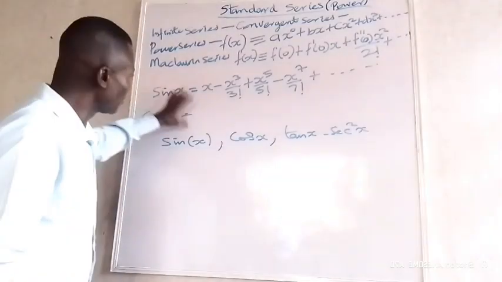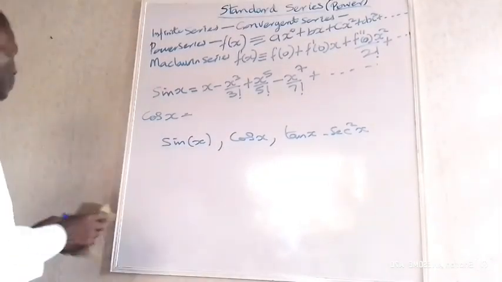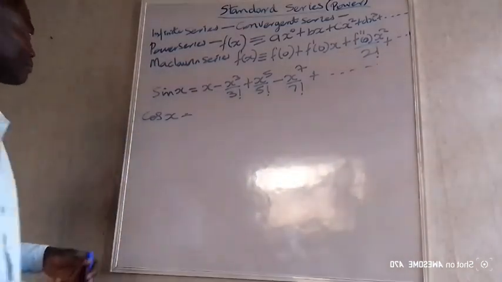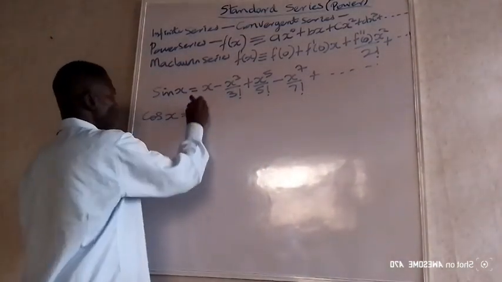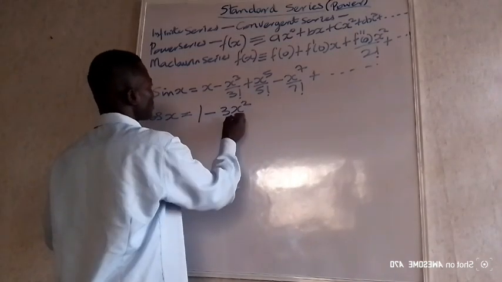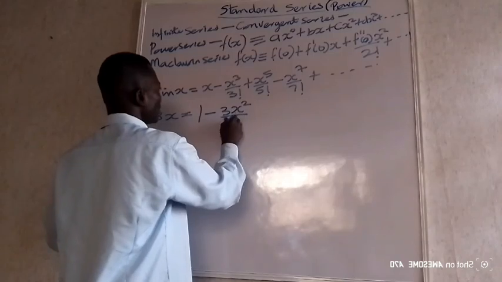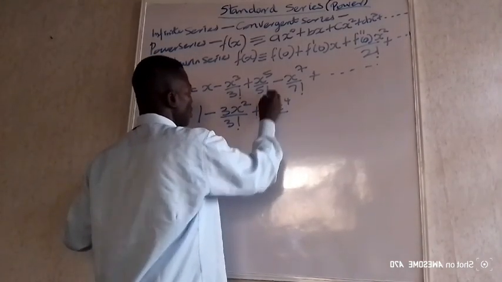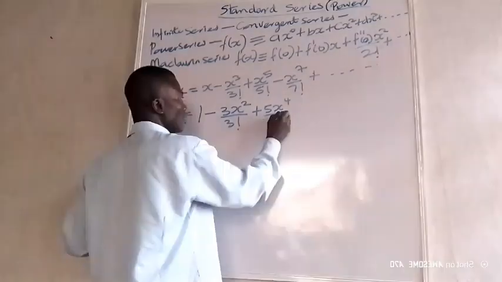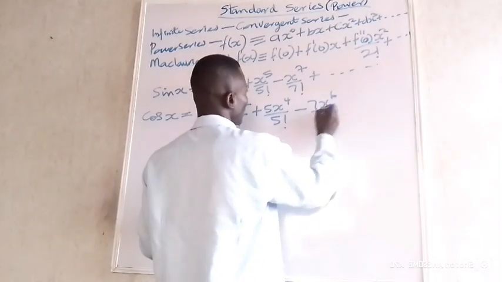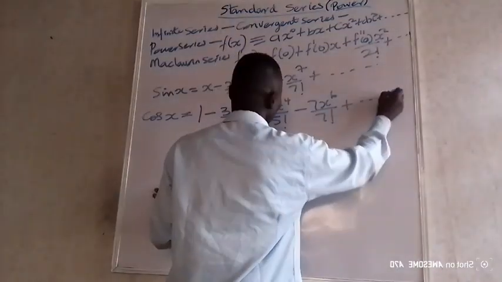Now, invariably, we can get the expression for cos x by differentiating this term. So cos x will be 1 minus 3x squared over 3 factorial plus 5x raised to the power 4 over 5 factorial minus 7x raised to the power 6 over 7 factorial plus, and it goes on like that.